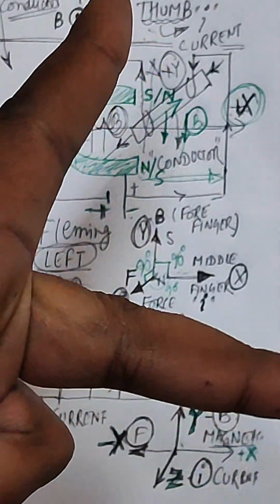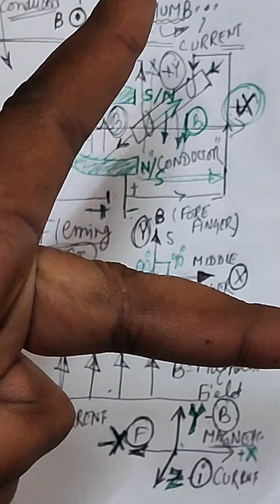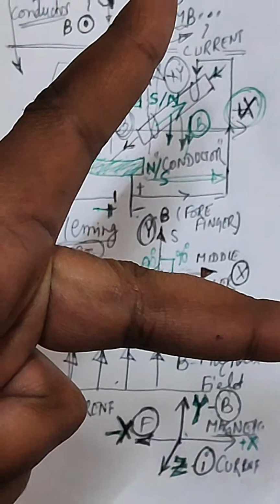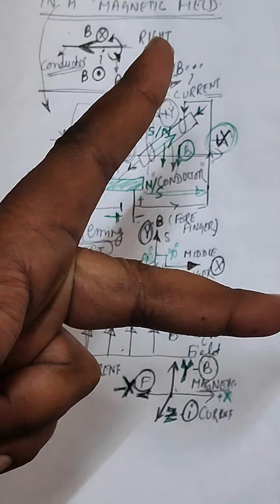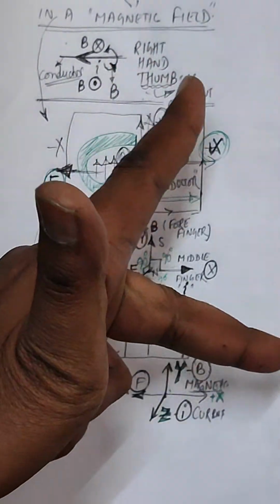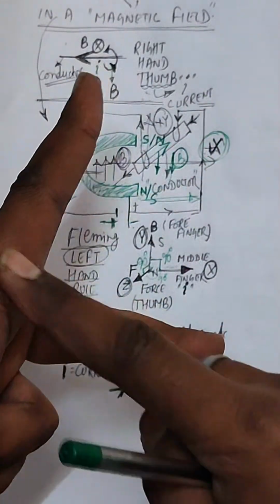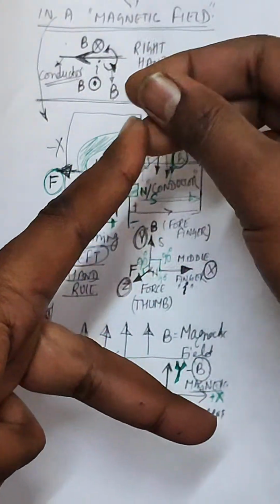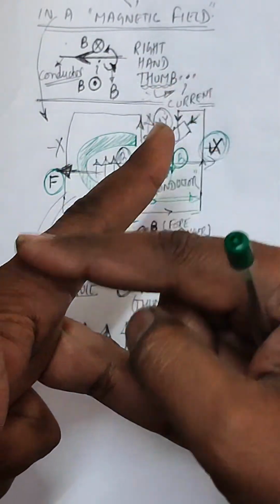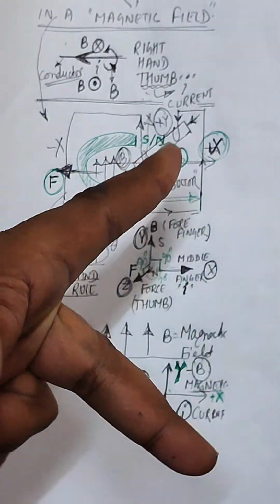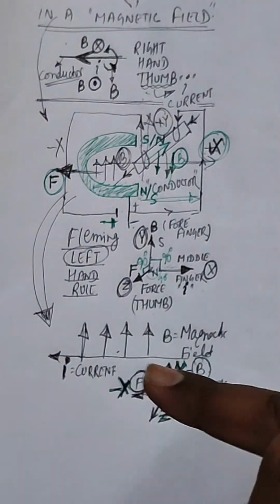Just try to do it. Magnetic field, this point will be going towards south and this is north if you are considering. Then you need to arrange it like this.